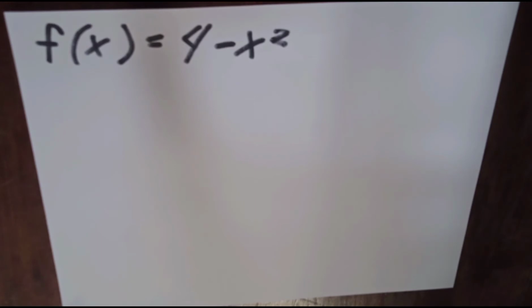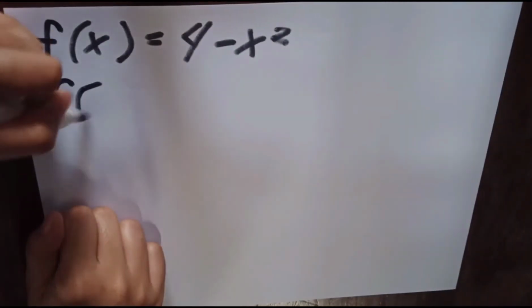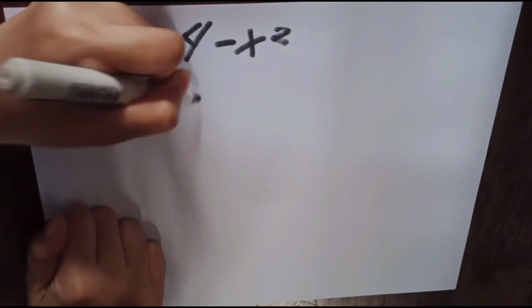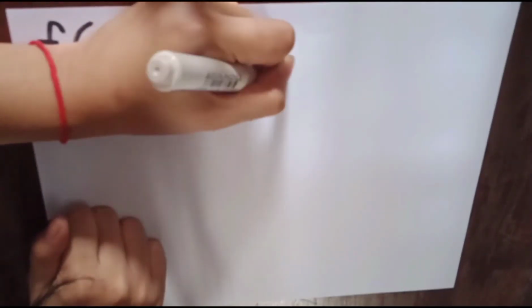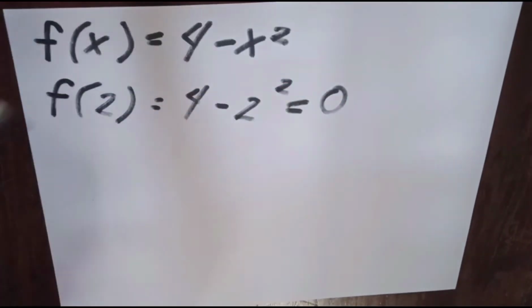However, if we use f of x equals 4 minus x squared, we would only write f of 2 equals 4 minus 2 squared equals 0.